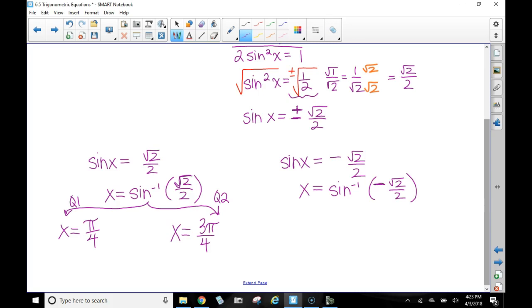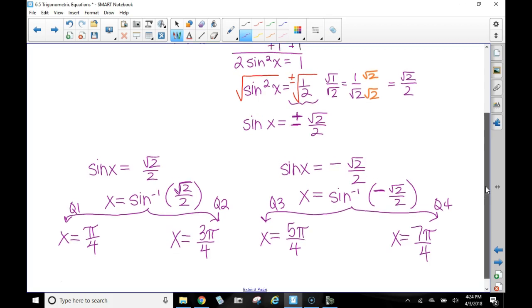Since this is a negative, sine is negative in quadrants 3 and 4. So the angle that has a sine value of negative square root of 2 over 2 in quadrant 3 is going to be 5 pi over 4. And then in quadrant 4, 7 pi over 4.